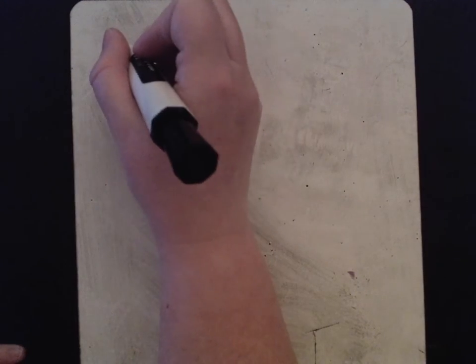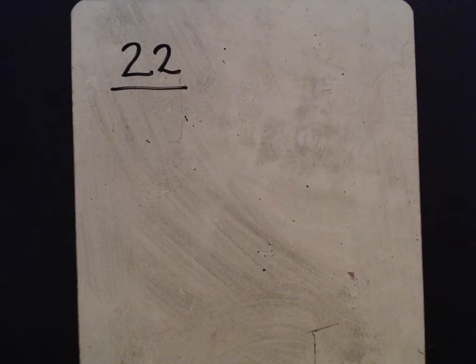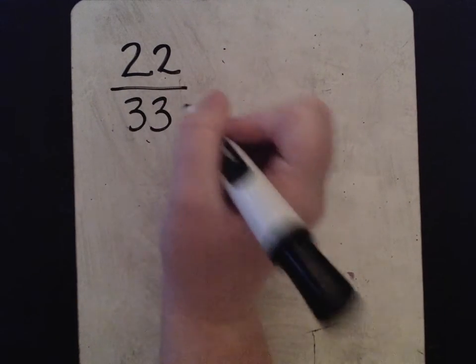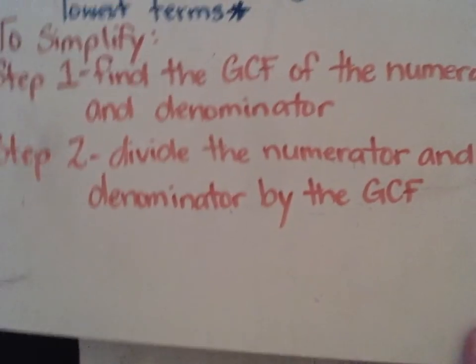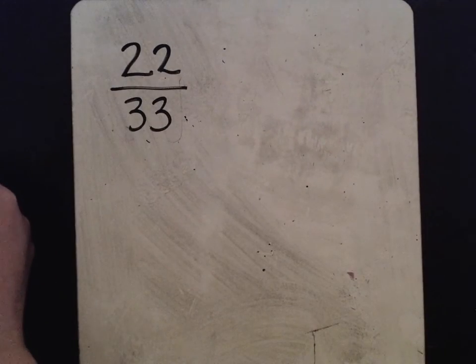Let's try another one. Let's do 22/33. So remember, step 1 says I find the GCF of the numerator and denominator.